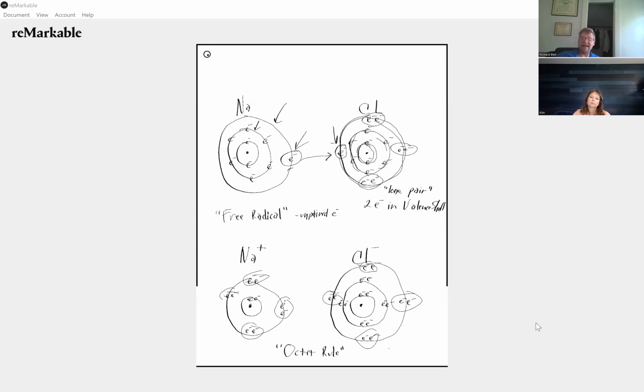Sodium can get 8 electrons in its outer shell by losing that 1 free radical electron. Okay? So if sodium loses this electron here, it's left with 8 electrons in what becomes its new valence shell. Chlorine can get 8 electrons in its valence shell by adding just one more electron. If it adds one more electron, it also has 8 electrons in the outer shell, the octet rule.